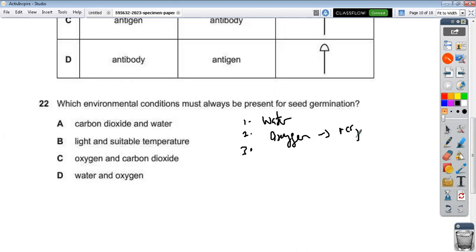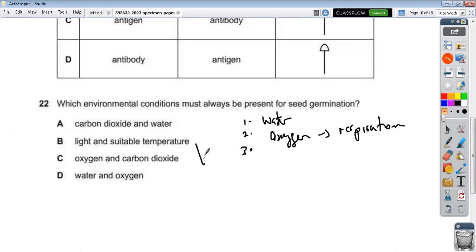Because germination is a result of respiration, they have to respire for the shoots to come out. What's the last one? Light. Nope, that's wrong. Most students make that mistake. It's never light.